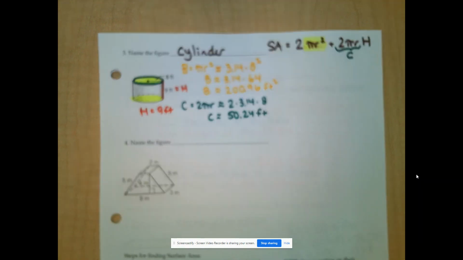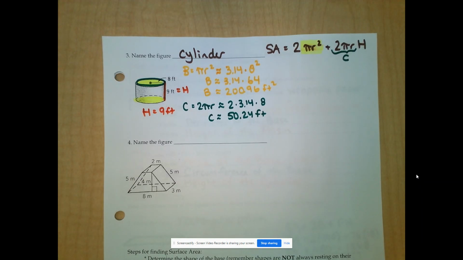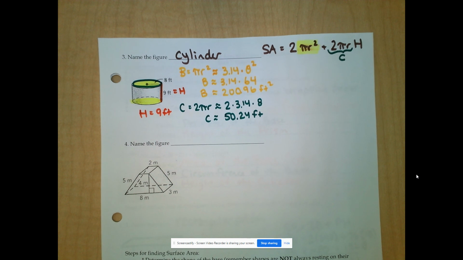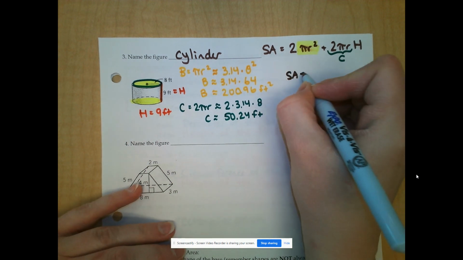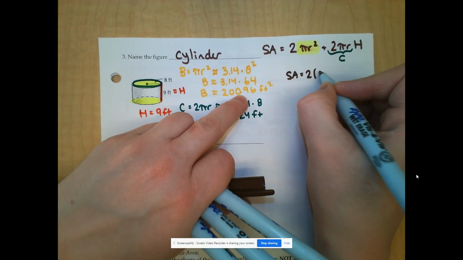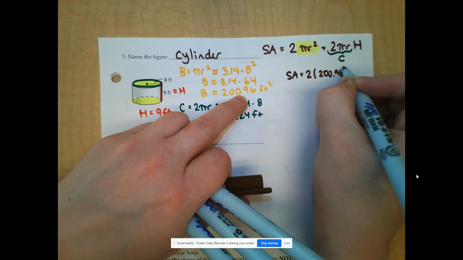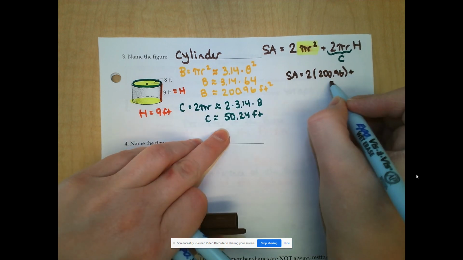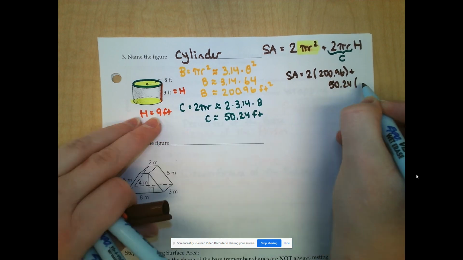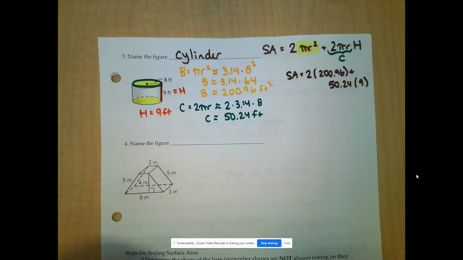All right. Now, if you are choosing to go this route, you're going to have to do 2 times the area of the base plus the circumference times the height. It's the same concept as it was on the front. Nothing significantly different. 2 times the area of the base, 200.96, plus circumference 50.24 times the height, which was 9.